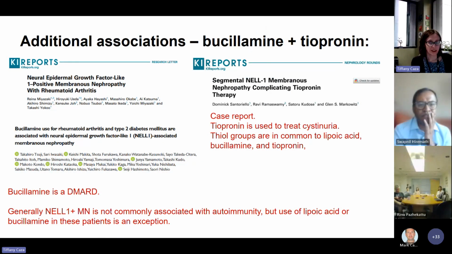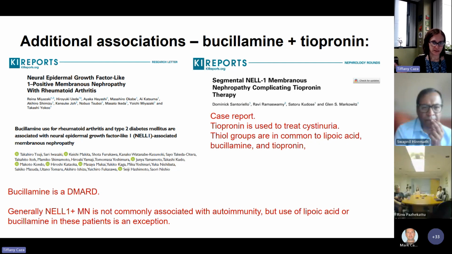Two recent associations are butylamine and tiotropium, which have been associated with NELL1 membranous. Butylamine is a disease-modifying anti-rheumatic agent, and tiotropium is used to treat cystinuria.